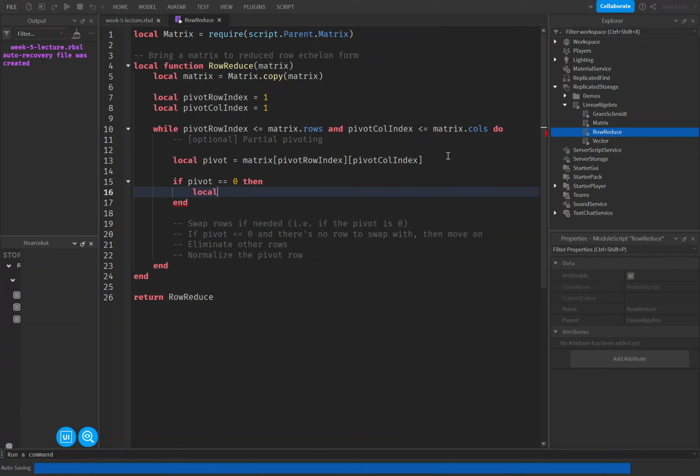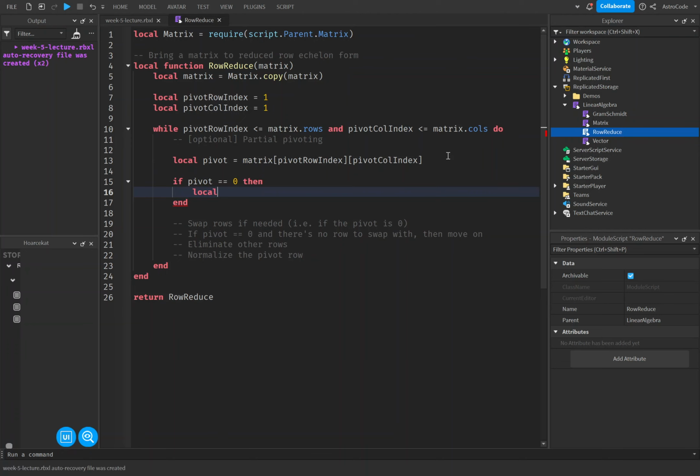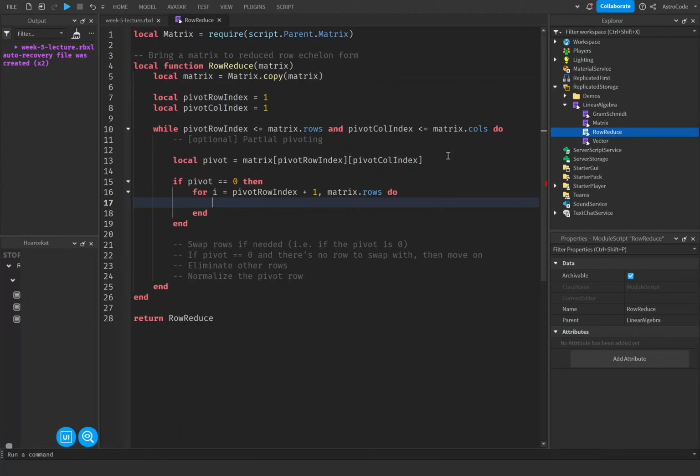Okay, so this is a little bit strange because in my code I've coded it using partial pivoting, and now I'm trying to not do partial pivoting on the fly. I guess what we'll do is we're going to look at all the rows beneath it and try to swap it with something, meaning we're going to loop through starting at the next row index all the way until the end, we're going to look for a row to swap it with.